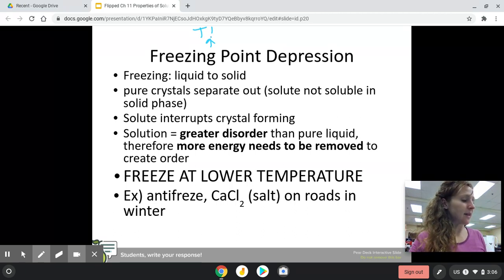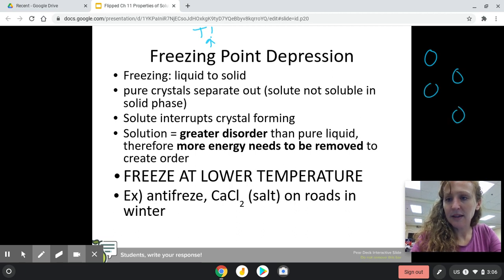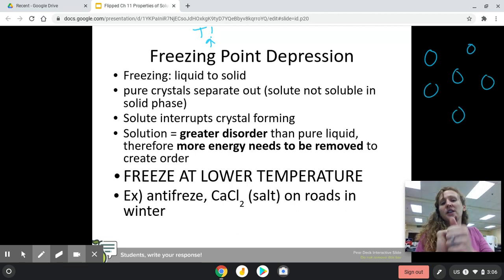Now, when something freezes, what's happening is these molecules that are present have some interaction, some attraction to each other. Think about water molecules slipping past each other. Well, they slow down enough for that attraction between them to actually lock them in place.